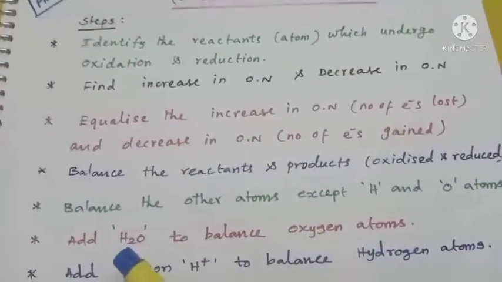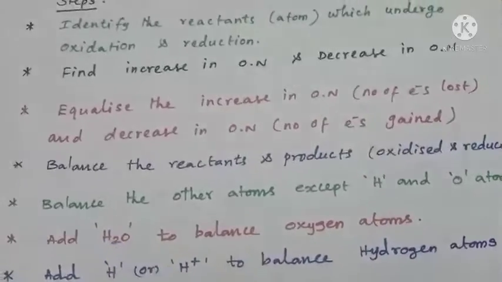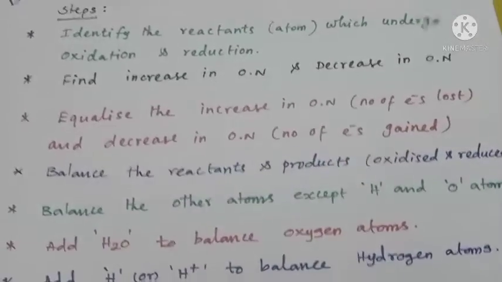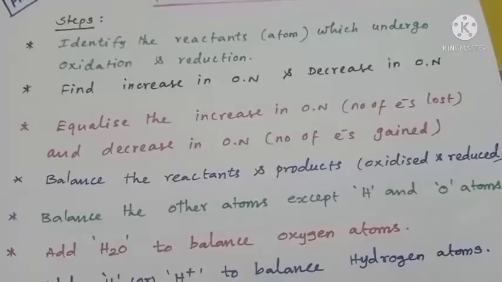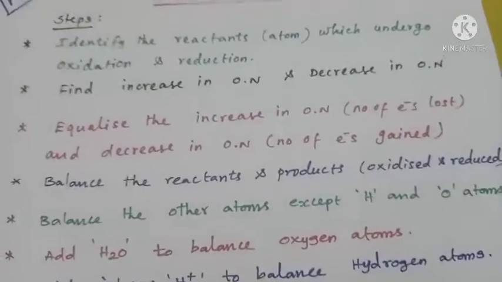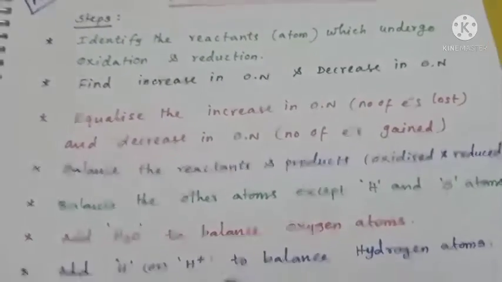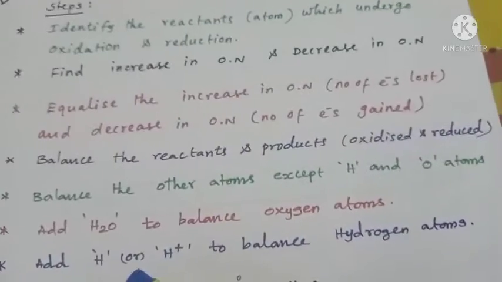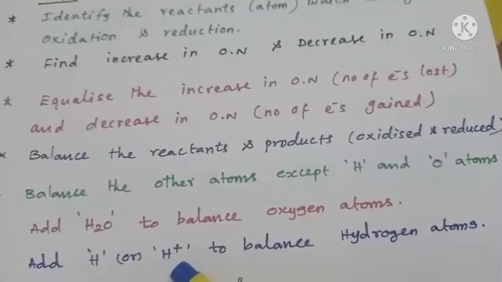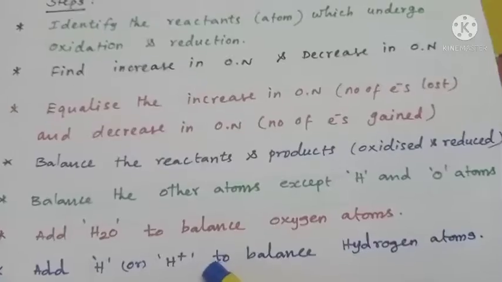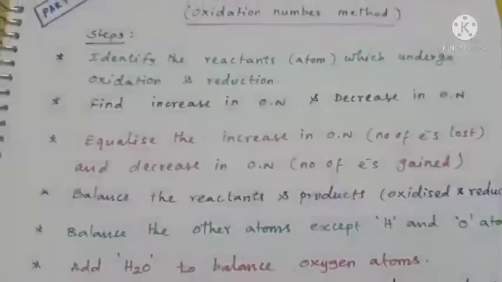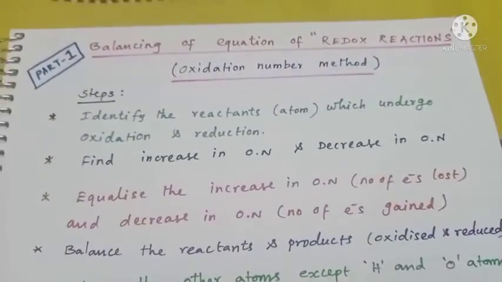For balancing oxygen we add H2O molecules on either the left hand side or right hand side according to the number we are supposed to introduce. Then finally balance hydrogen. For balancing hydrogen mostly we add H plus, very rarely we use hydrogen. So these are the steps we are supposed to follow while balancing a redox reaction equation based on the oxidation number method.